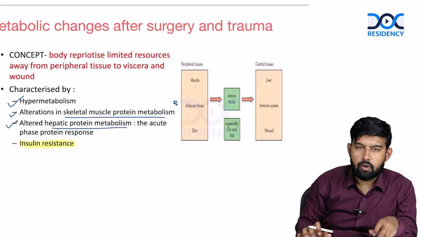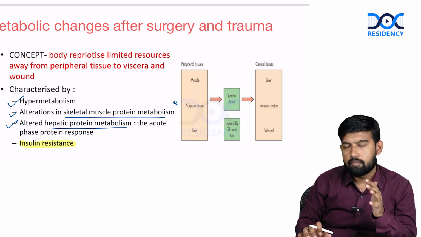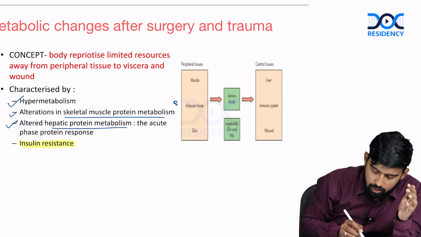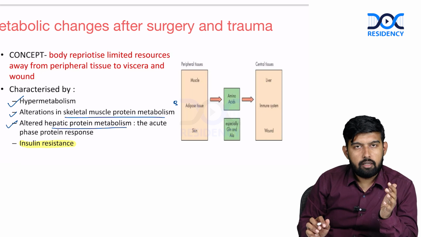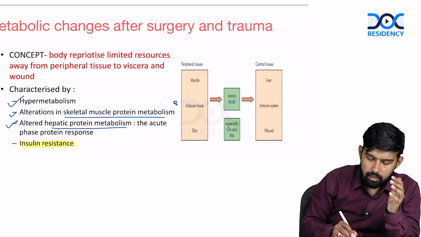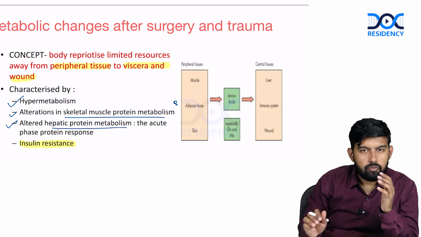So, basically the body tries to reprioritize the limited resources, which are utilized by the vital organs and obtained from the peripheral tissues and diverted to the viscera and the wound.